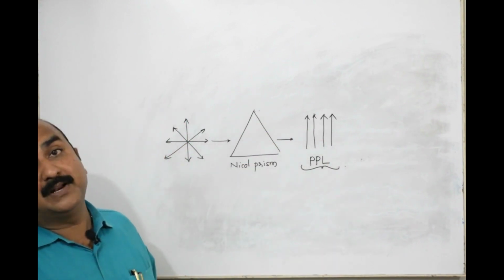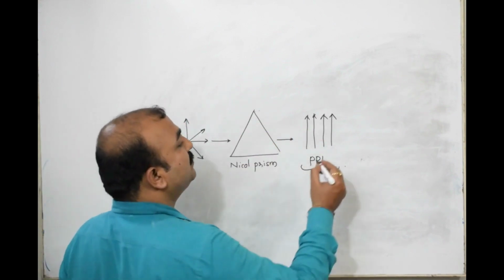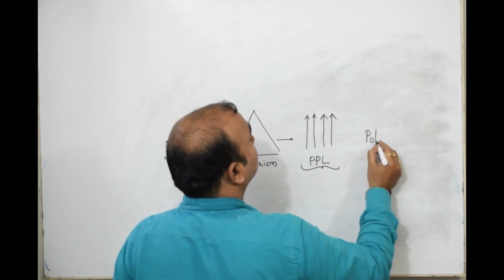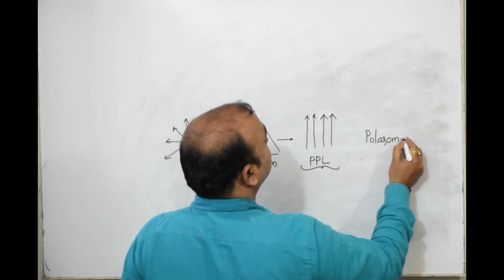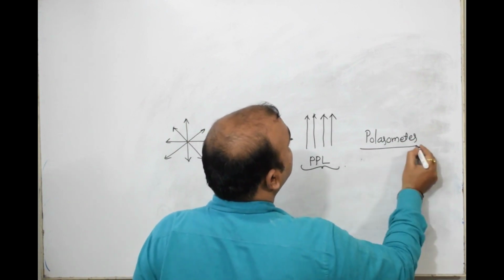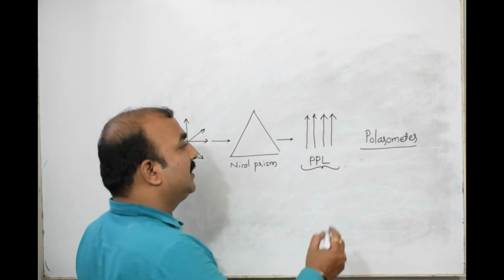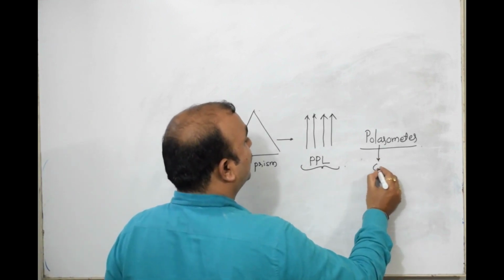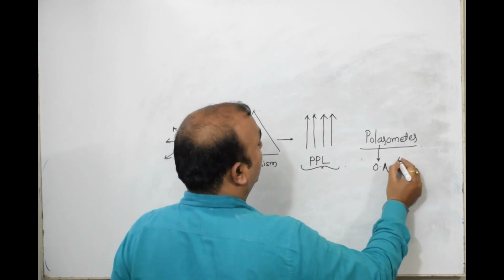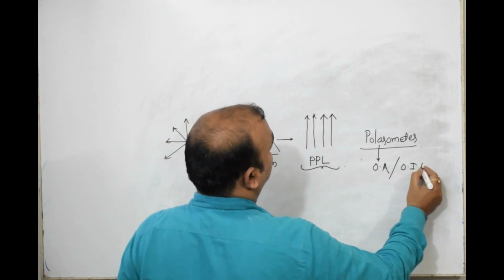And this plane polarized light uses an instrument known as a polarimeter, and this polarimeter is useful for finding the optically active or optically inactive compound.